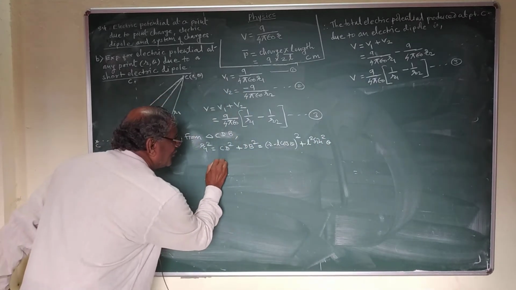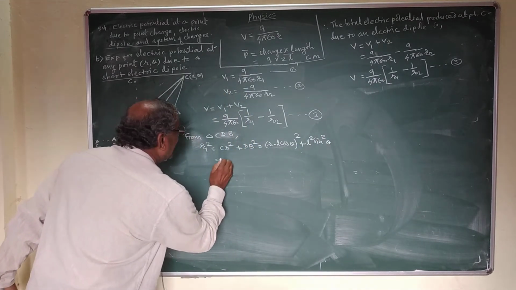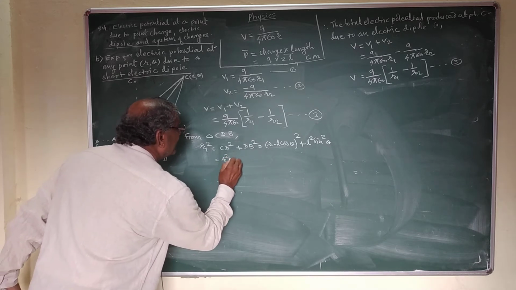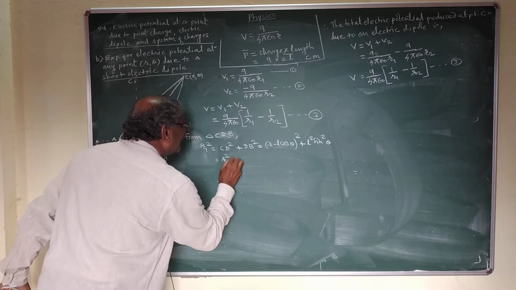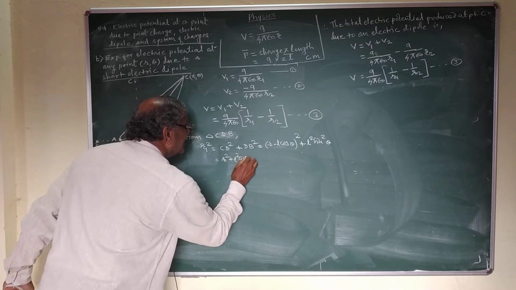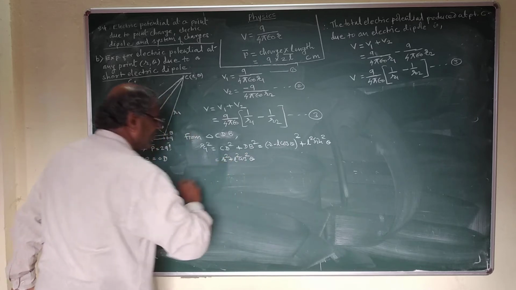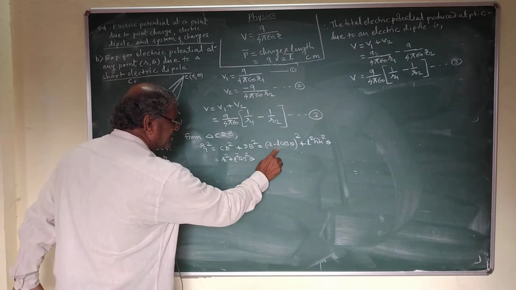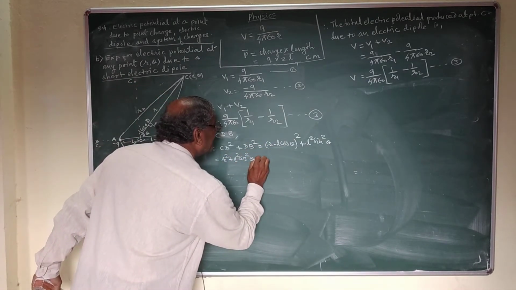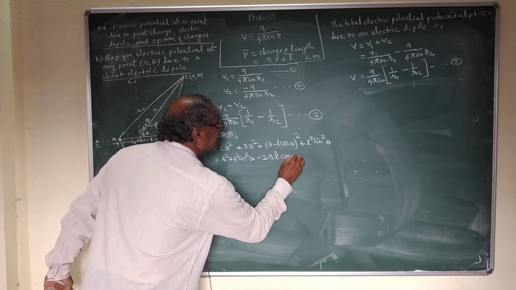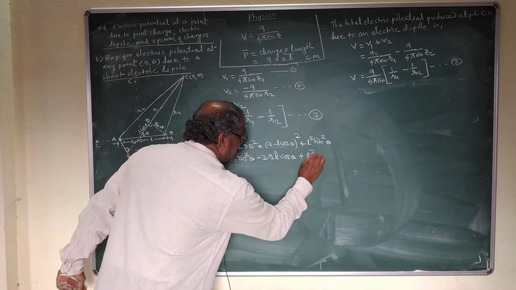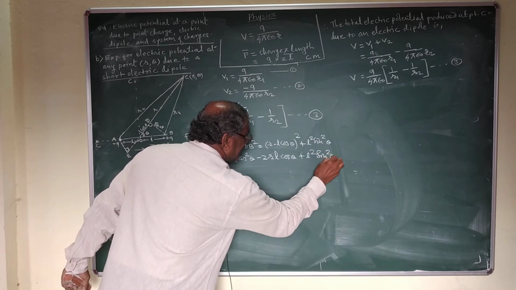So R1 square is equal to R square plus L square cos square theta, squaring this term, minus 2RL cos theta, plus L square sin square theta.